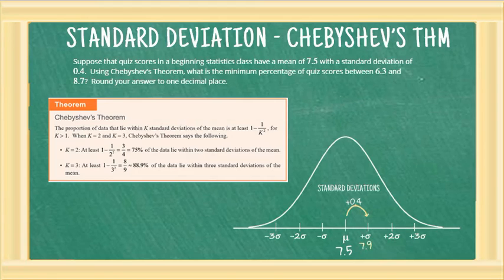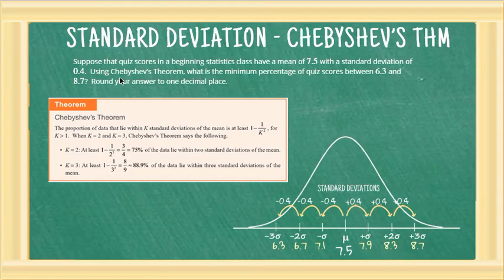Two deviations, and of course we go in both directions, up to 8.3, down to 6.7. Another jump out to 3 deviations: 8.7, and minus 0.4 down here, 6.3. So there's my spread if it's a normal bell curve.